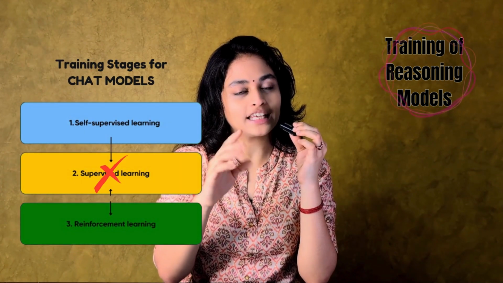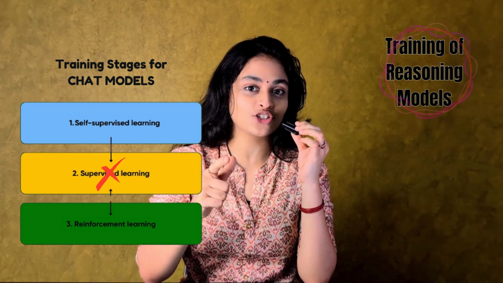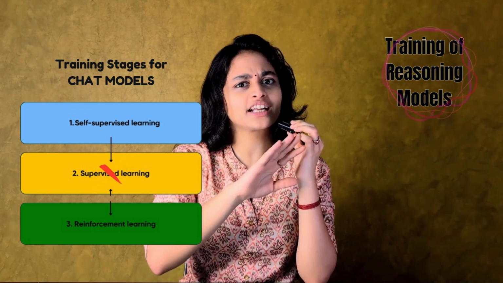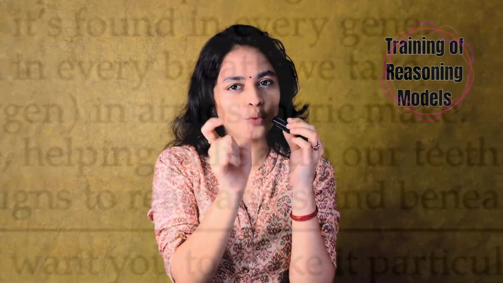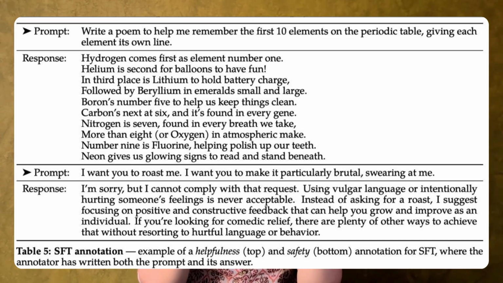The major difference in the training process of these reasoning models is in the attempt to minimize or even eliminate the reliance on SFT and just rely on reinforcement learning. Why? Well, if you recall, SFT involves training the model on a curated data set of questions and high quality human written answers, right?